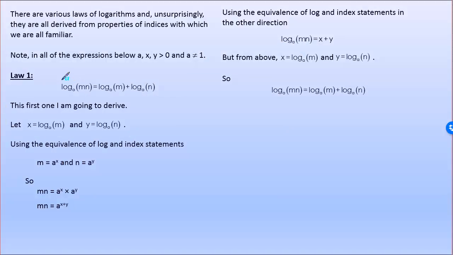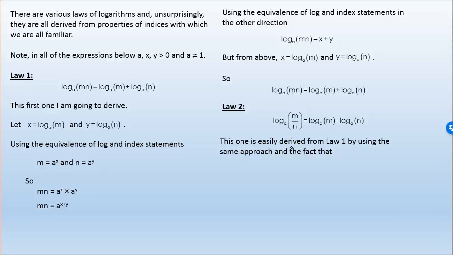Now these log laws are important, so make sure that you don't just know how to look them up in the formula booklet, but you really know them and have done lots of practice with them. So moving on, we have law 2. Log to the base a of m divided by n is log to the base a of m, take away log to the base a of n.